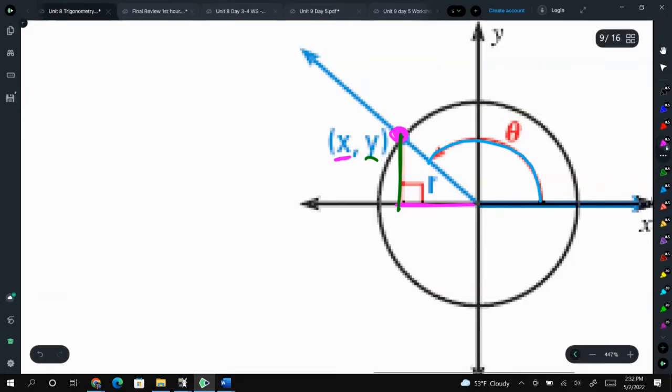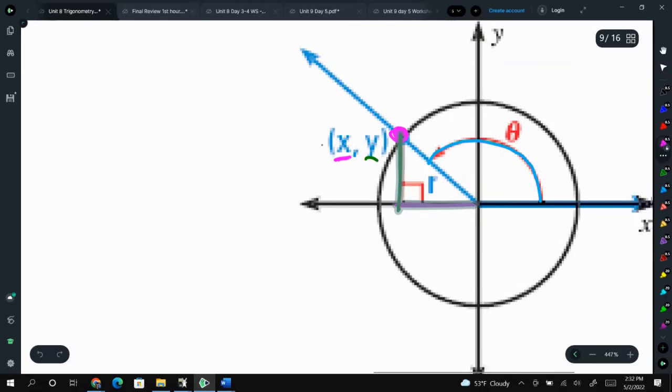We also know that sine is the opposite over the hypotenuse. So see this, if this is the angle we're talking about, this side over here, that green side, is the opposite from that angle.